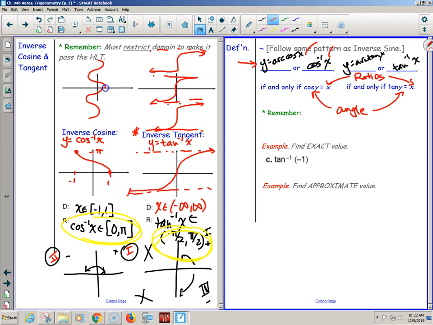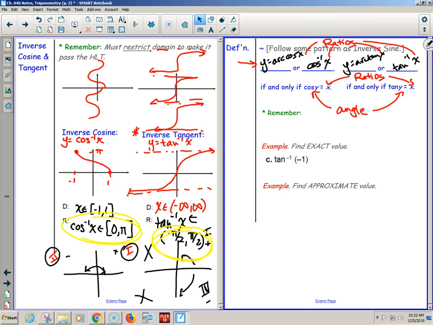All of the x's are ratios, like the square root of 3 over 3, the 1/2, and the other 1/2. You were throwing me trig functions and angles, and I was giving you ratios. But as soon as I started flipping the tables on you, doing it backwards, you see what I did there? Inverse, backwards, undoing. I was giving you ratios, and you were supposed to be giving me angles.